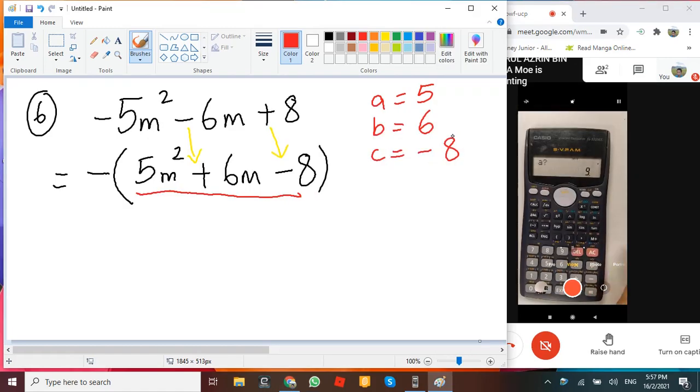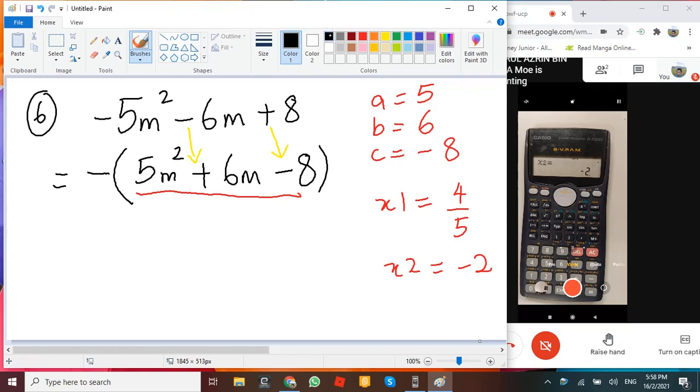A equal to 5, B equal to 6, and C equal to negative 8. We don't want decimal, so press shift, press ABC. So we get the answer x1 equal to 4 over 5. Second answer, x2 equal to negative 2.